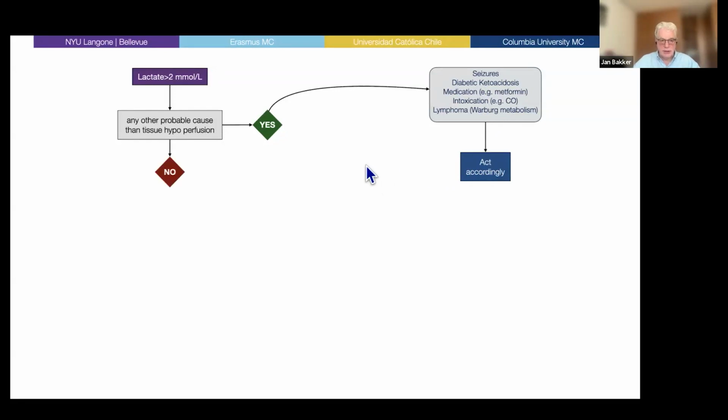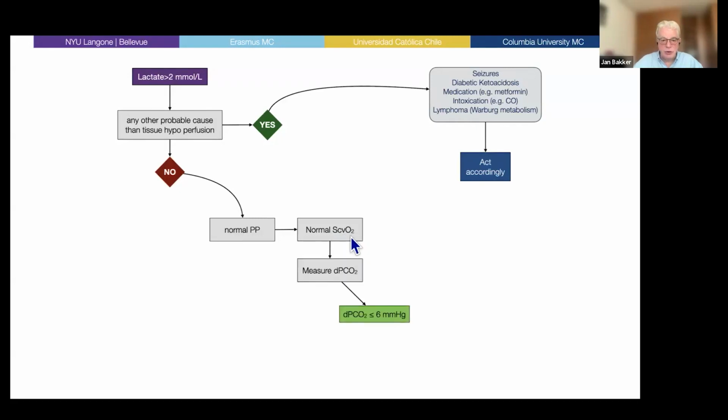If you think, no, this lactate is absolutely related to the shock, then measure peripheral perfusion. If peripheral perfusion is normal, that's already interesting. If you still have doubts, then measure the ScvO2. Take a blood gas from your central venous catheter.